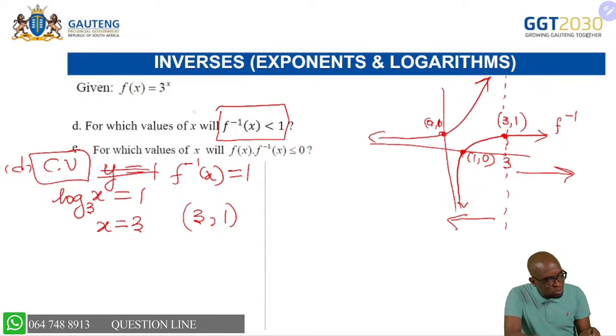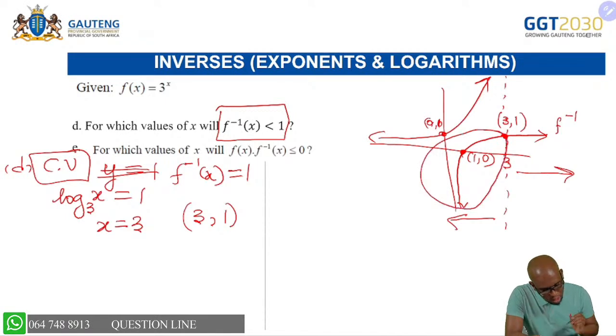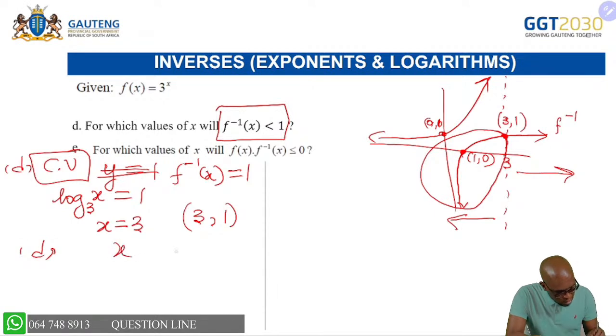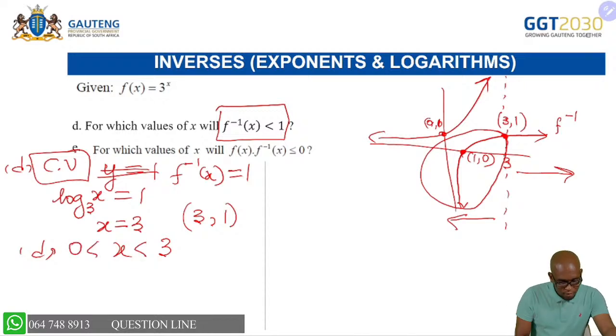So we want to know where the values of y are decreasing. We are interested in this portion of the graph. So where is that portion defined? The portion here is defined where x is between 0 and 3. That is where the function here is less than 1.